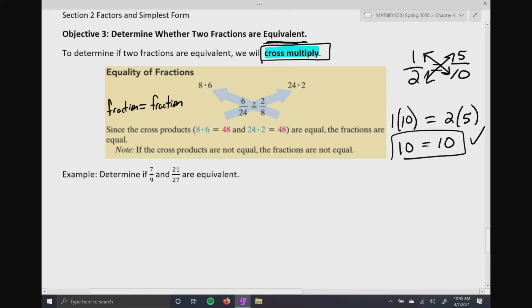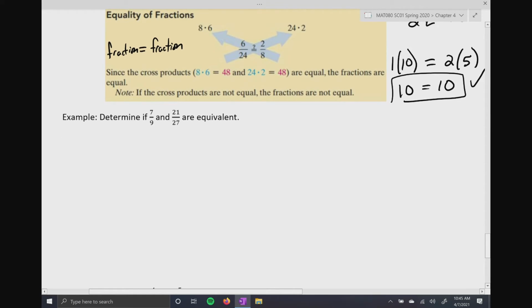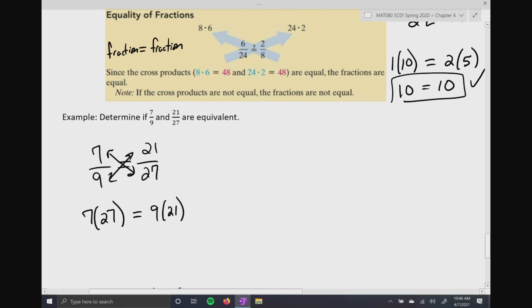All right. So we've got 2 examples left. Determine if 7 over 9 and 21 over 27 are equivalent. All you have to do is cross multiply. So we'll set it up. Now, I'm going to cross multiply: 7 times 27 equals 9 times 21.